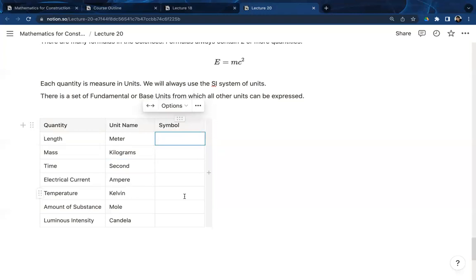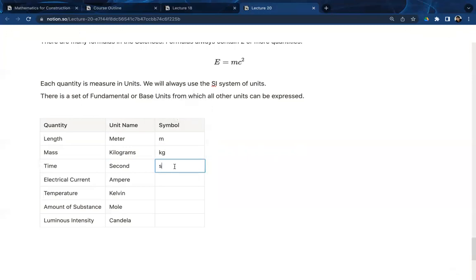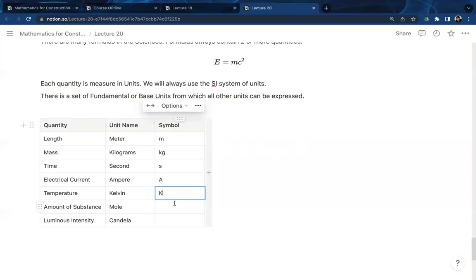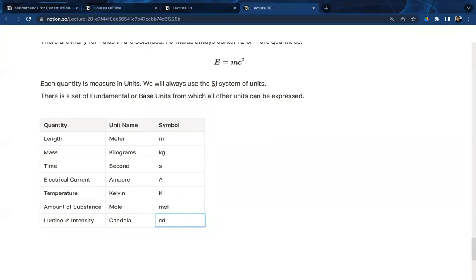Now the symbol, we use lowercase symbols for these things. This is kilograms, this is seconds. But for some of them, you use uppercase letters like amperes, Kelvin. Some don't have one symbol. Some use multiple symbols like mole. The symbol for it is mol, and candela is cd.